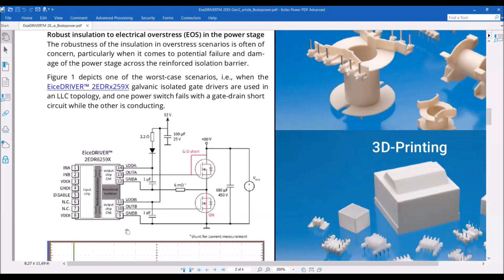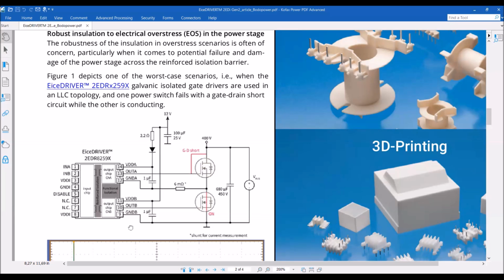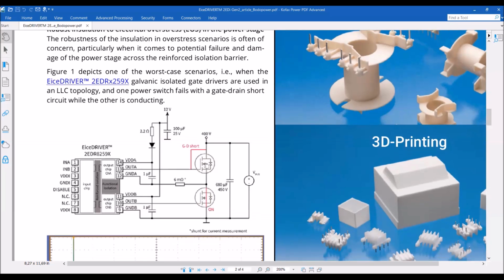So in any situation, this isolation can be compromised, and therefore we also performed some tests with our gate drivers, replicating exactly the situation. With a test setup, we really connected the DC link to the output of the driver, and of course, we destroyed the driver. And after this, we performed what we call the hipot test.